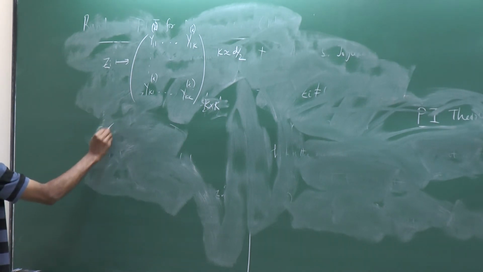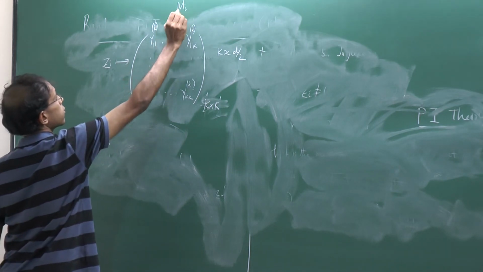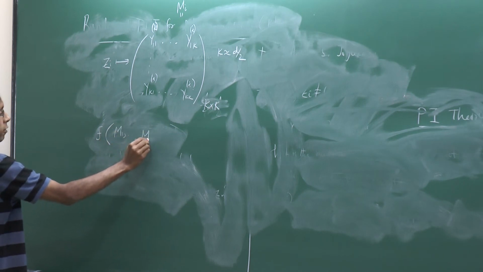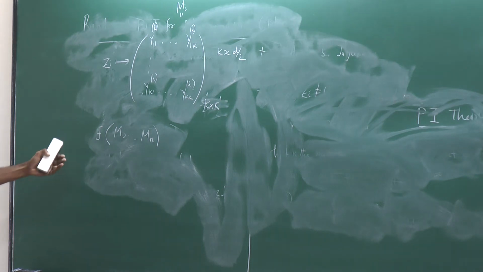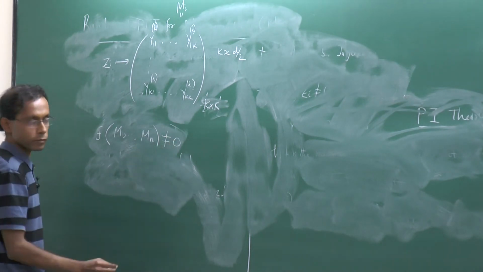Let's call these matrices Mi. Then the polynomial will be simply this. And what the Amitsur-Levitzki theorem says is that this matrix that you finally get, whose entries are themselves polynomials, cannot be a zero matrix because it's not a PI for such a ring. So in particular, this is a non-zero matrix.